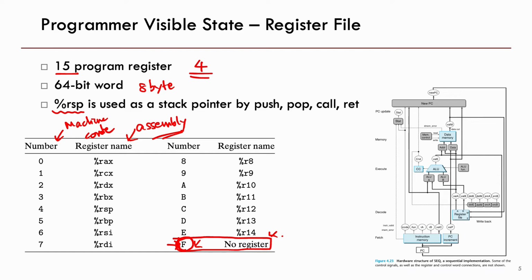Because these 4 instructions will implicitly update the RSP value, we should be careful when using RSP. If you want to read or write this register for your own program execution, you should be careful because it will be changed by these instructions as well.